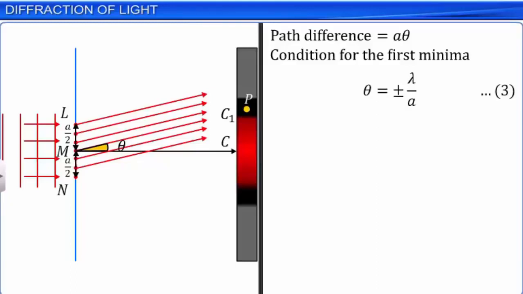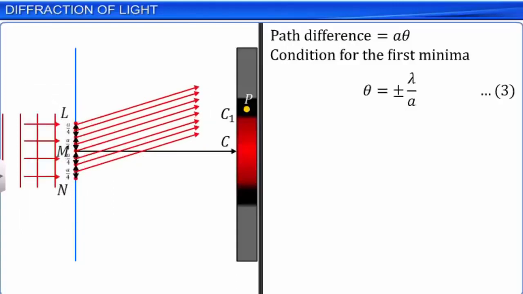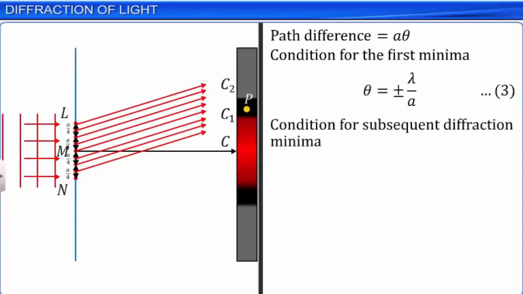We can also divide the screen into 4 parts, 6 parts, and so on. And using a similar argument, we can show that the subsequent diffraction minima occur whenever theta is equal to plus or minus 2 lambda by A, plus or minus 3 lambda by A, and so on.